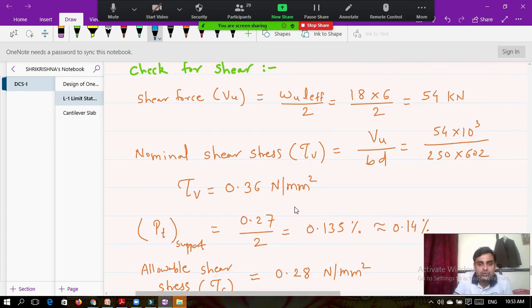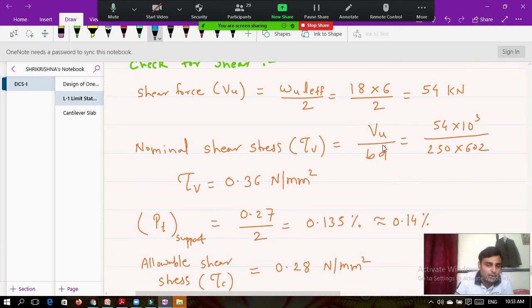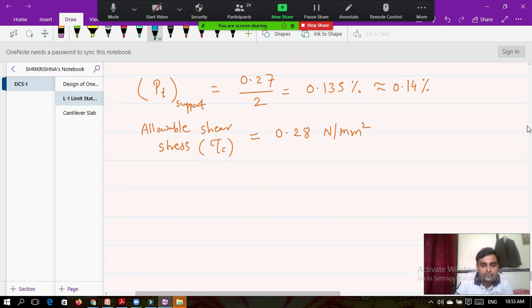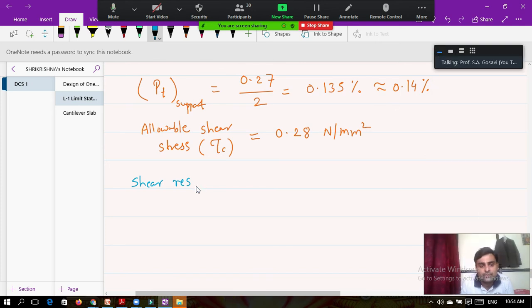Okay, so now see what is our next step. The shear force we have calculated, the total shear force, is 54 kilonewton. Now we must calculate the shear force resisted by concrete.